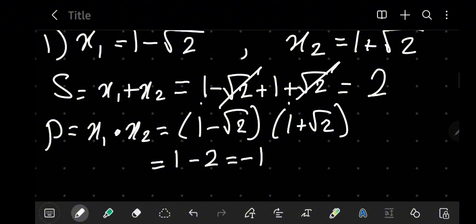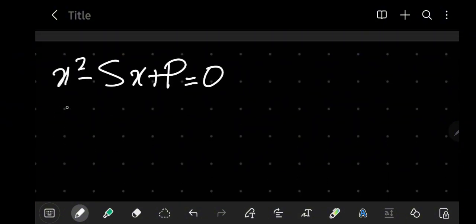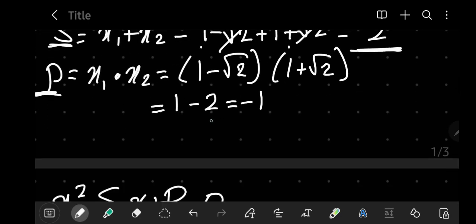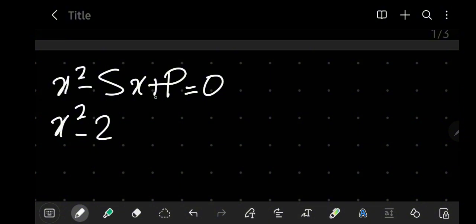So instead of the s, we have 2, right? So 2 over a is 1 in this case, so it's only 2. Minus 2x plus, oh no, it's not plus this time, because the p is minus 1, so plus times minus is minus. So we got minus 1 equals 0, and this is the final equation.